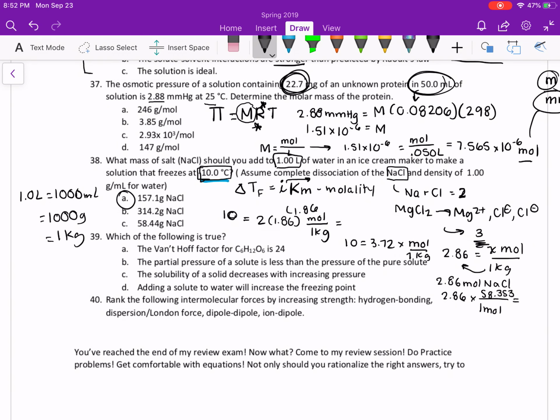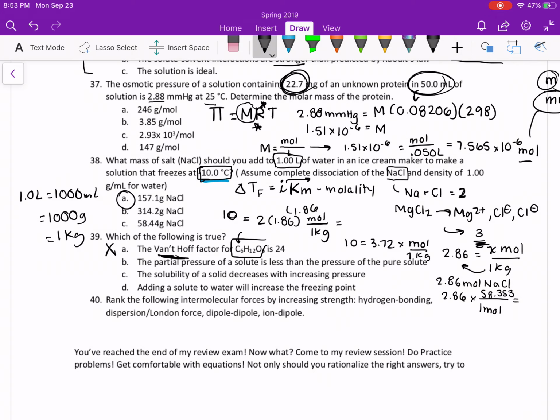So 39, which of the following is true? The Van't Hoff factor, well, this i is the Van't Hoff factor. So this Van't Hoff factor for glucose is 24. No, that's false, because glucose doesn't separate, it doesn't ionize in water, it just stays as is. These are all covalently bound, so it's not going to ionize.